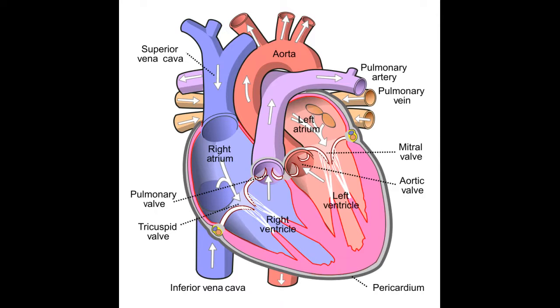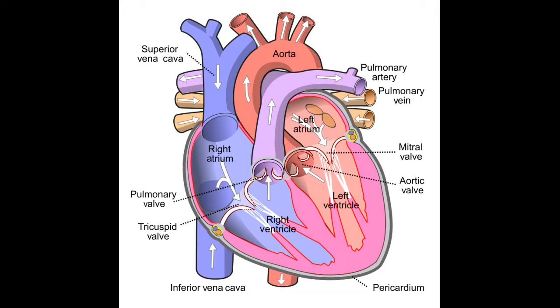Once the blood has come in from the vena cava into the right atrium, it's going to flow into the left atrium. The right atrium is going to contract. The tricuspid valve is going to open, and blood is going to also flow into the right ventricle.